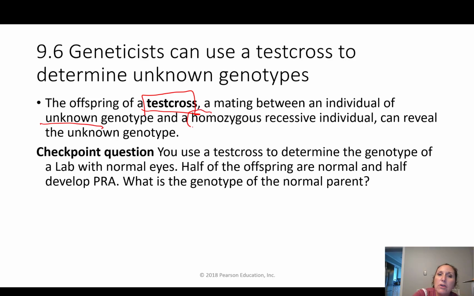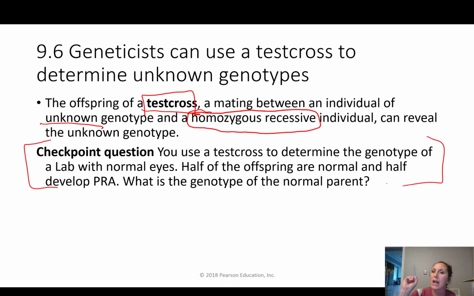And the only way you can really know what an individual is, is if they are recessive, because for a recessive individual, you must be homozygous. So I'm not going to do this one because I'm going to let you do this one on your own. But I am going to do our purple plant.